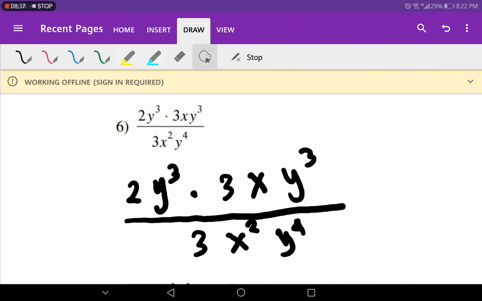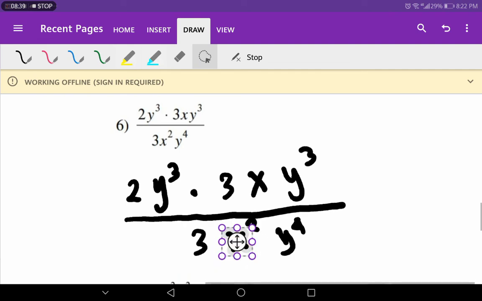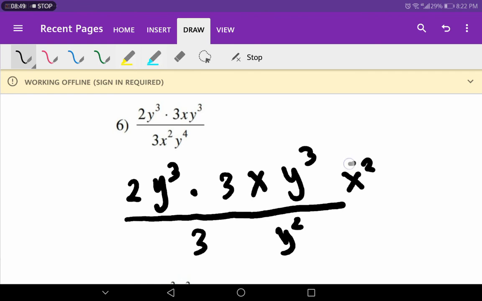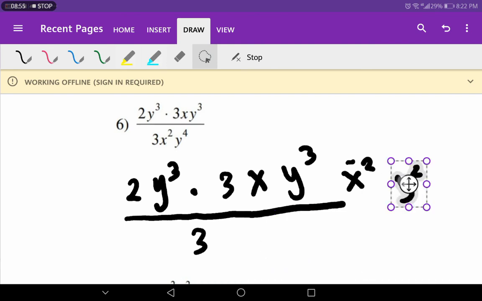As we learned, we take this up, and under the condition we change the sign. The letters with the powers, I take them up and I change the power. It was negative 4, it will be positive 4.